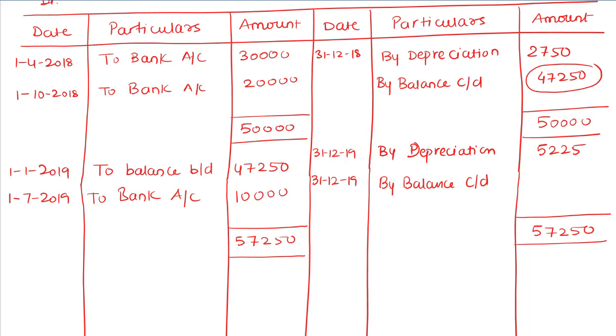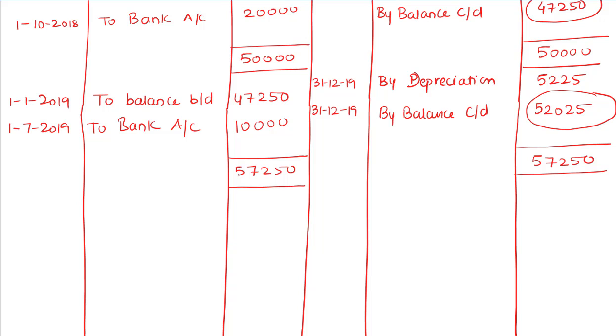By balance carried down, the closing balance: 57,250 minus 5225, 52,025. 1st of January 2020, to balance brought down 52,025.